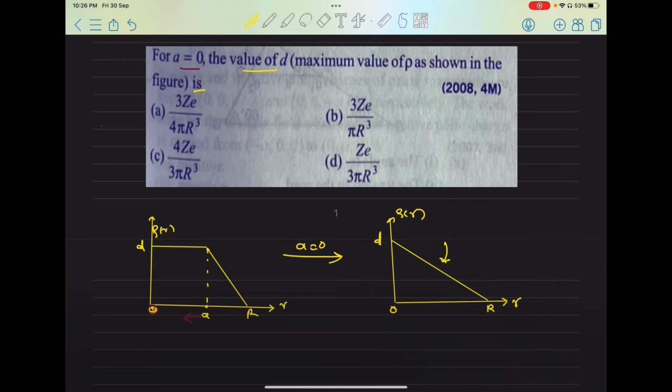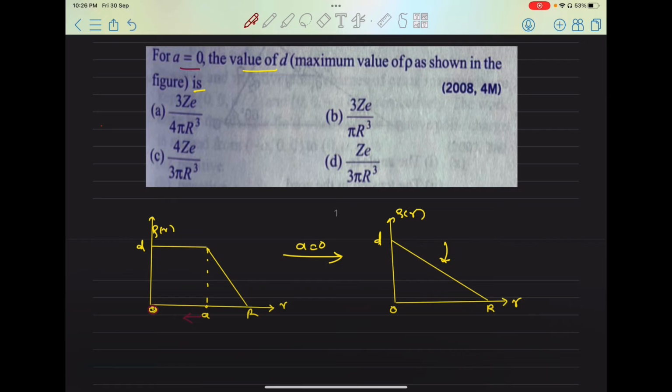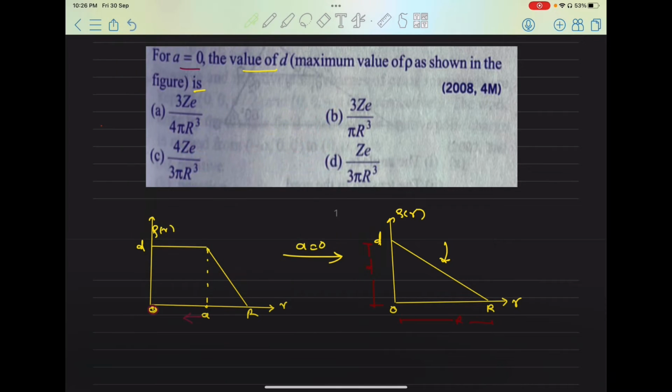It is just the equation of the straight line. And we know this straight line is making two intercepts on the x and y axes. The intercept on the x-axis is R, and the intercept on the y-axis is small d. And we already know the form of the equation of a straight line when two intercepts are given on the x and y axes. It is x/A + y/B = 1, where A is the intercept on the x-axis and B is the intercept on the y-axis.